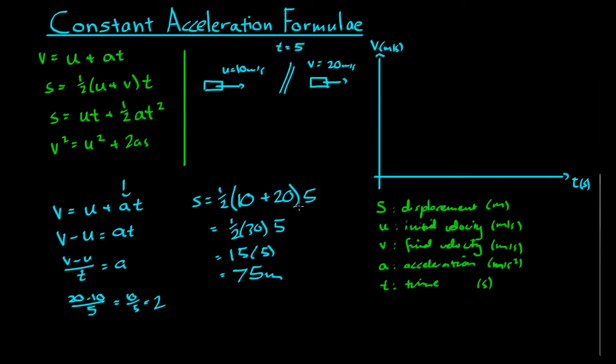So as you can see, even if we start with just three simple knowns, we can find the other two knowns. Let's test this final formula to see if it really is true. It says V squared equals U squared plus 2AS. I'll move everything over.